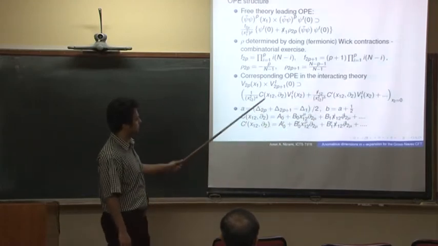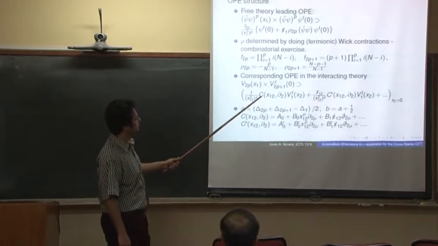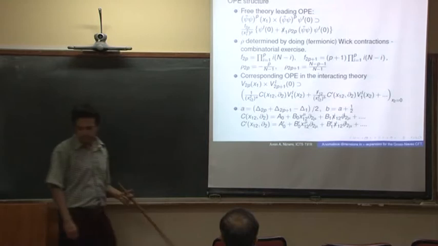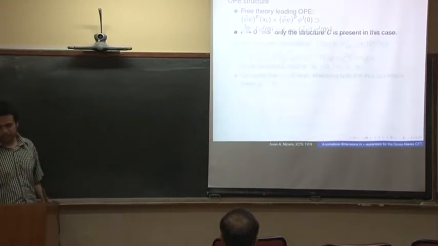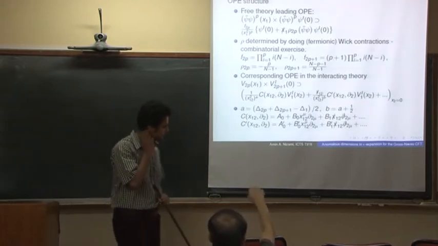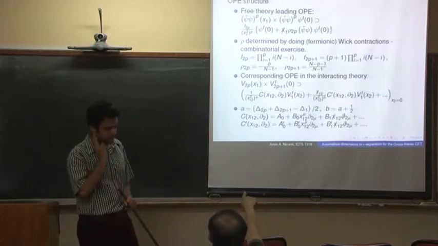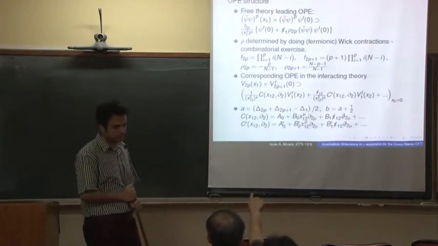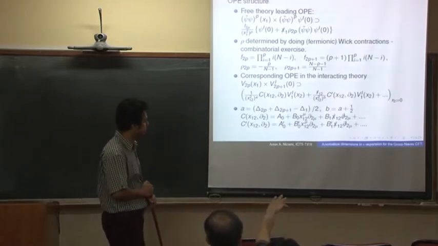And so these things are determined in terms of the scaling dimensions of the operators. And now the point is that in the interacting theory, you're assuming that V1i will appear on the right hand side.